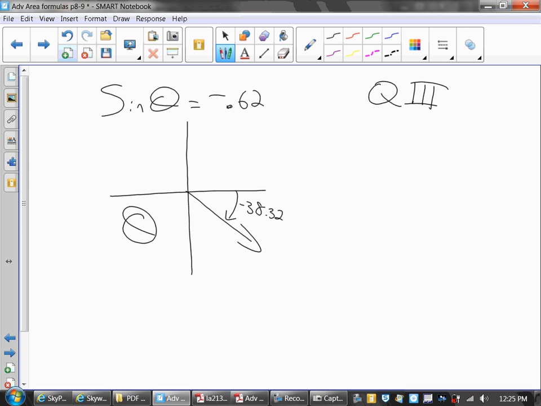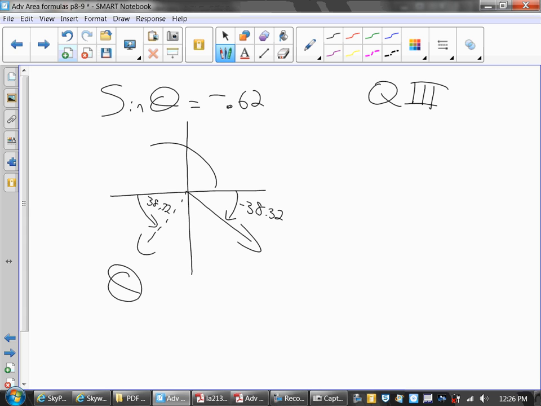Okay. So if I have an angle measurement of negative 38.32, what's the reference angle for that? Well, 38.32. How far away is it from the x-axis? Your reference angles are always how far are you from an x-axis. All right, it's always the shortest distance to the x-axis. So if I want to be in happy land here, I'm going to have a reference angle of 38.32.